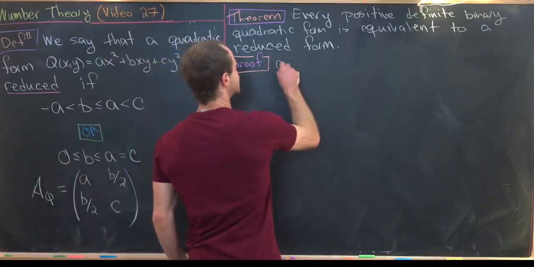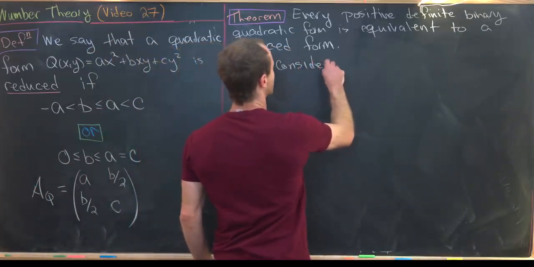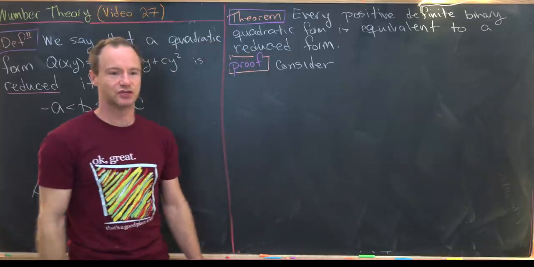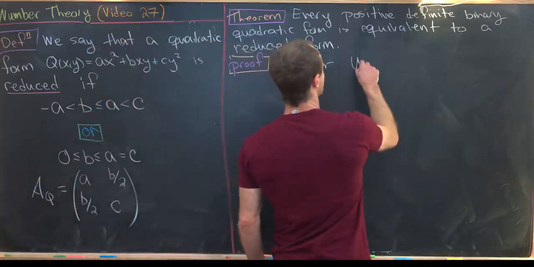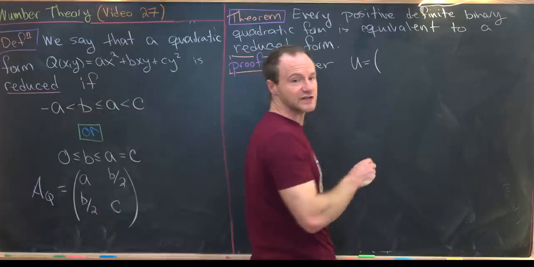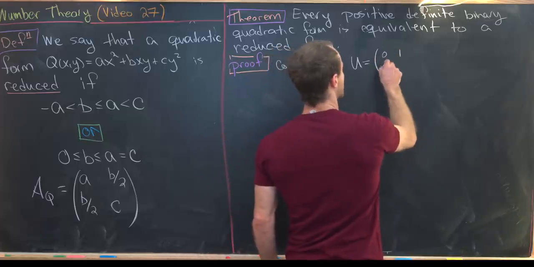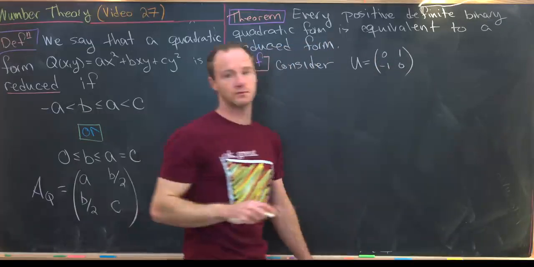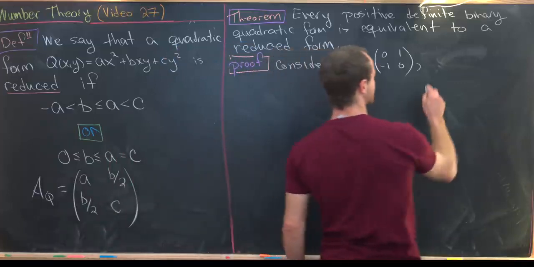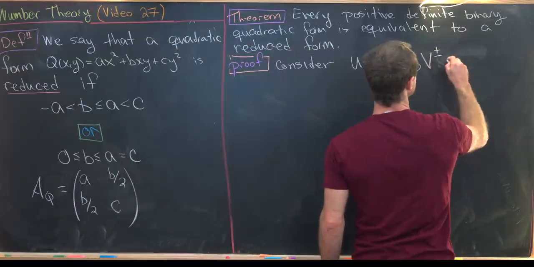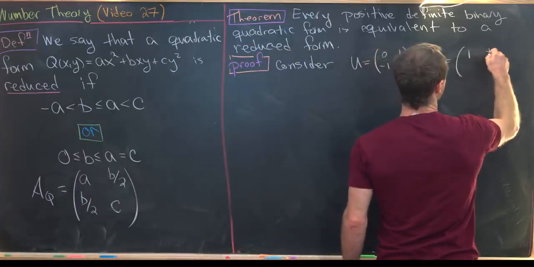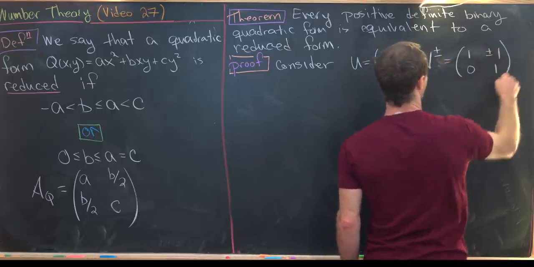So we're going to consider these following 3 matrices as tools. The first one will be U, which is 0, 1, minus 1, 0. And the second 2 come in a family. I'll call them V plus minus, and that's equal to 1, plus minus 1, 0, 1.